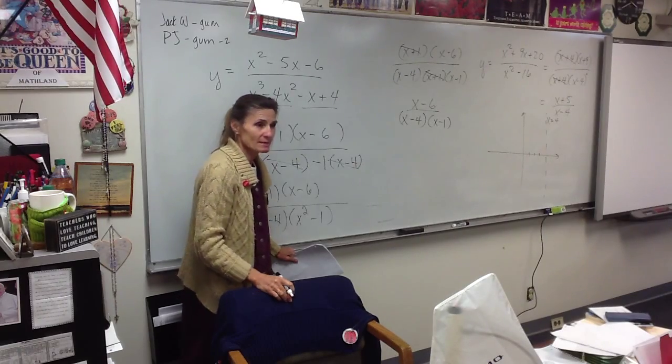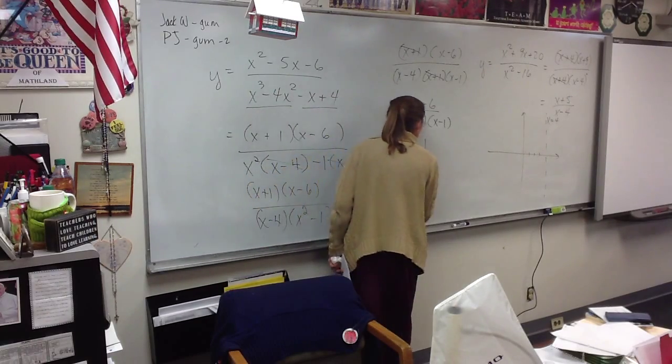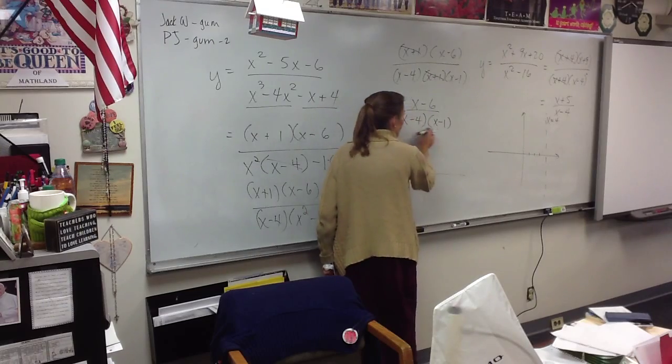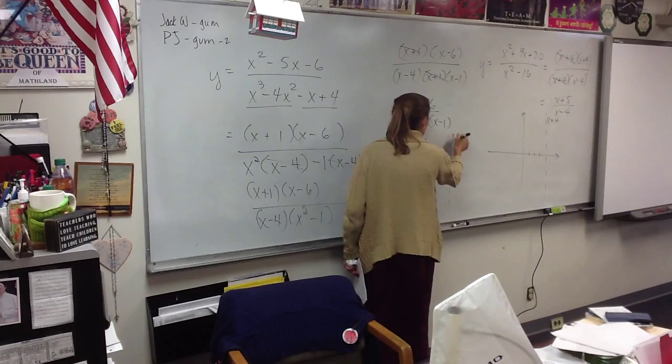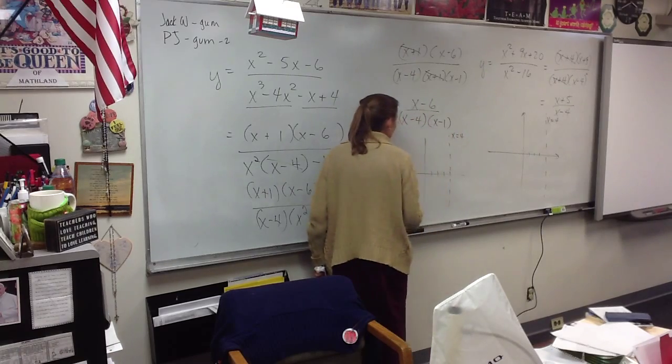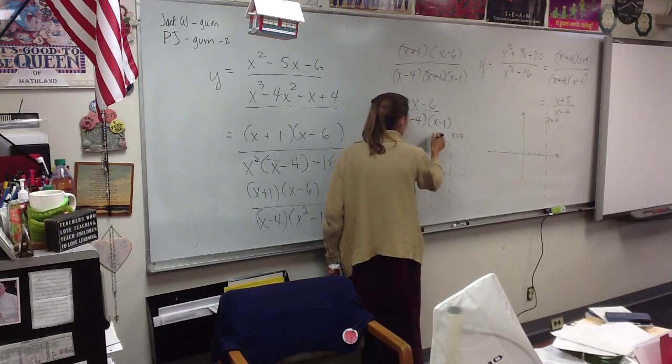Now, vertical asymptotes. There's two of them. One's at x equals 4, and one's at x equals 1.